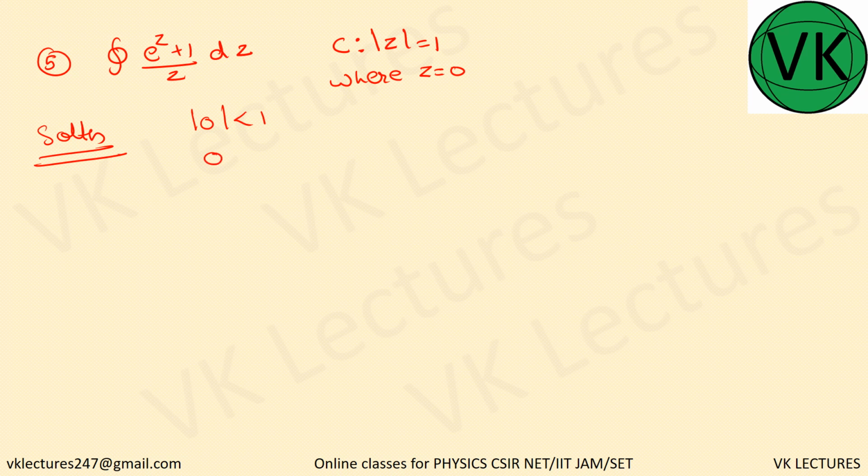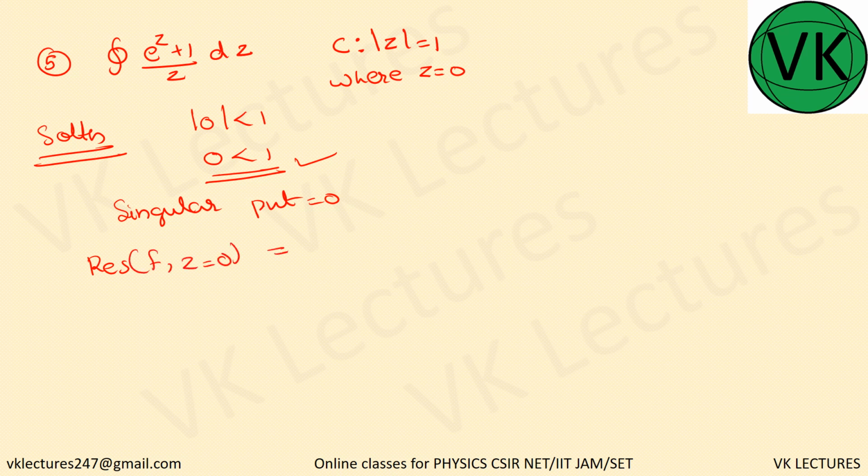So 0 is inside. Therefore the singular point is equal to 0, and to find the residue of f(z) at z = 0, it is e raised to z plus 1 divided by 1 at z = 0, that is equal to 2.